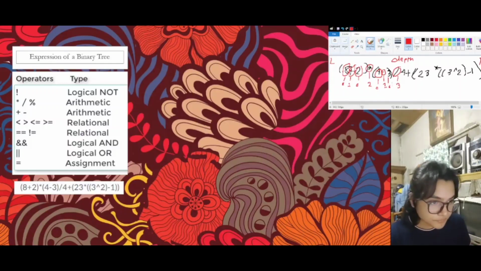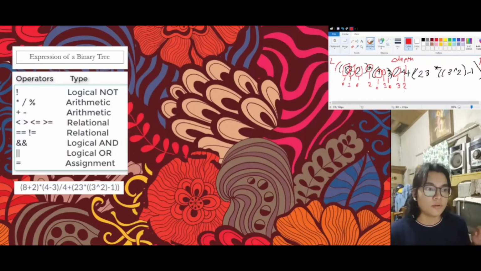And then since this is the expression, we are going to deduct it by 1. So this is going to be an expression at a depth of 2. And that's how you get from this until this.